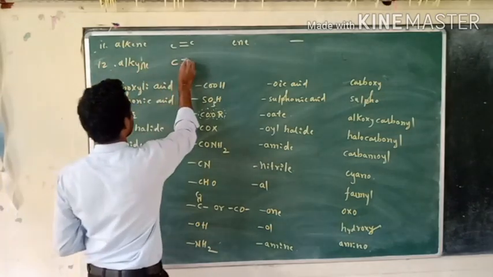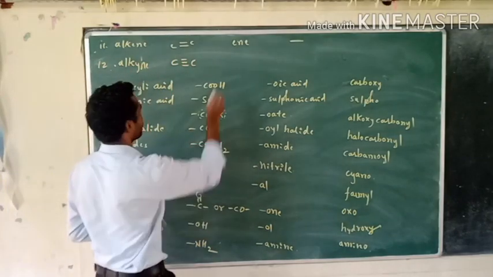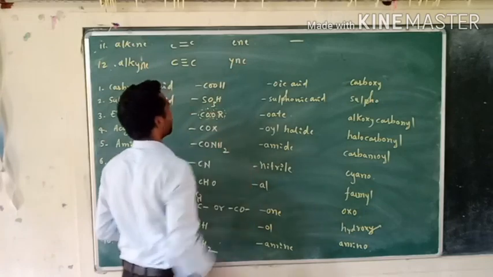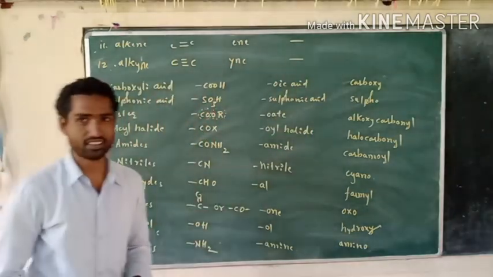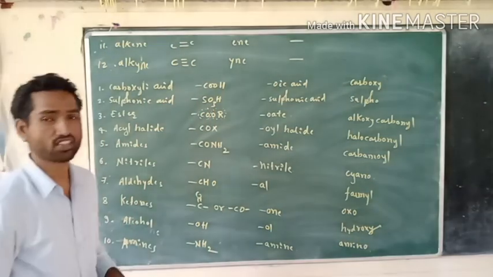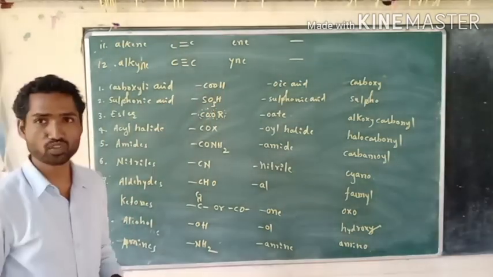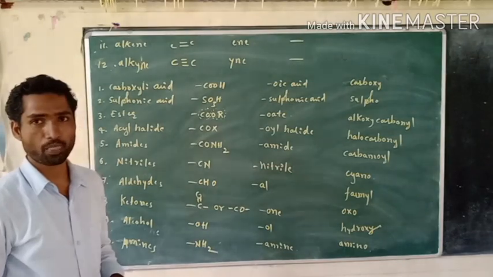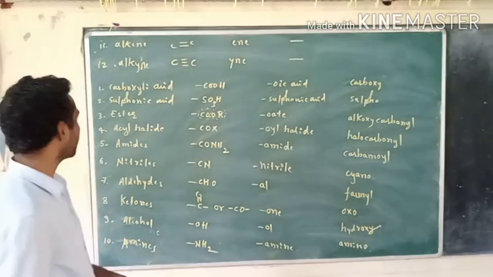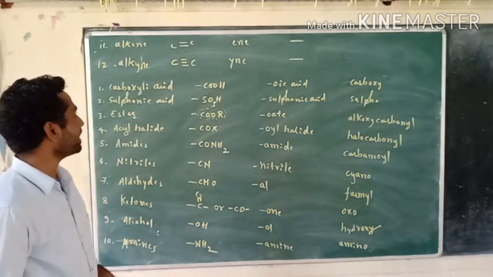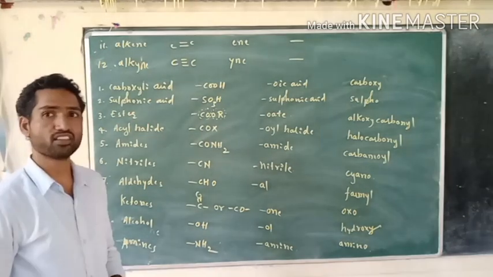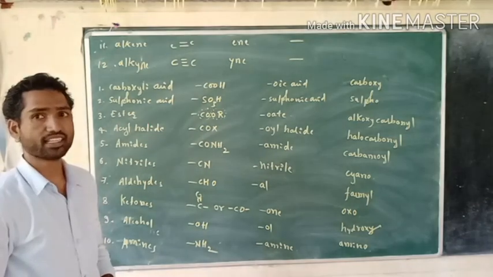So C triple bond C, YNE I have to use as a suffix, primary suffix, no prefix form. We are not supposed to use a prefix because we are treating double bonds and triple bonds as functional groups, and therefore I have to write ENE, YNE as a primary suffix for the alkenes and alkynes respectively.